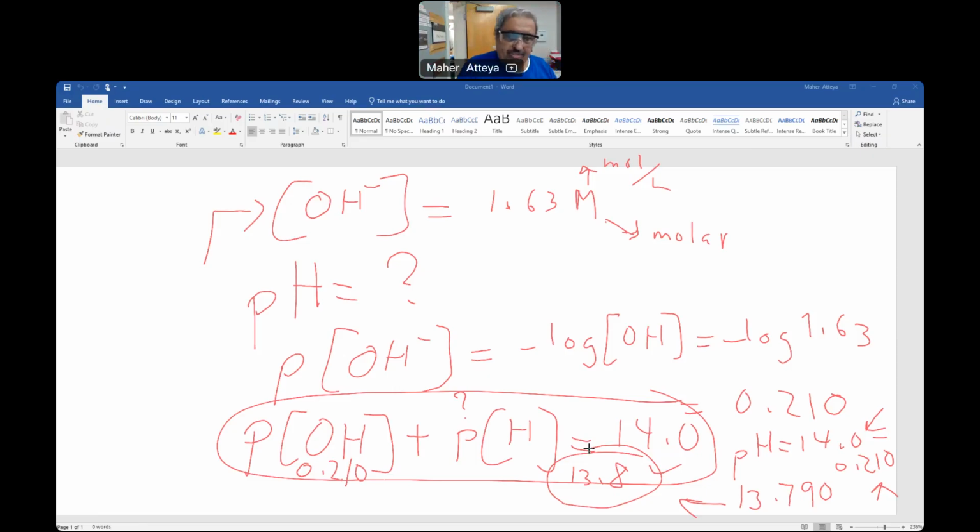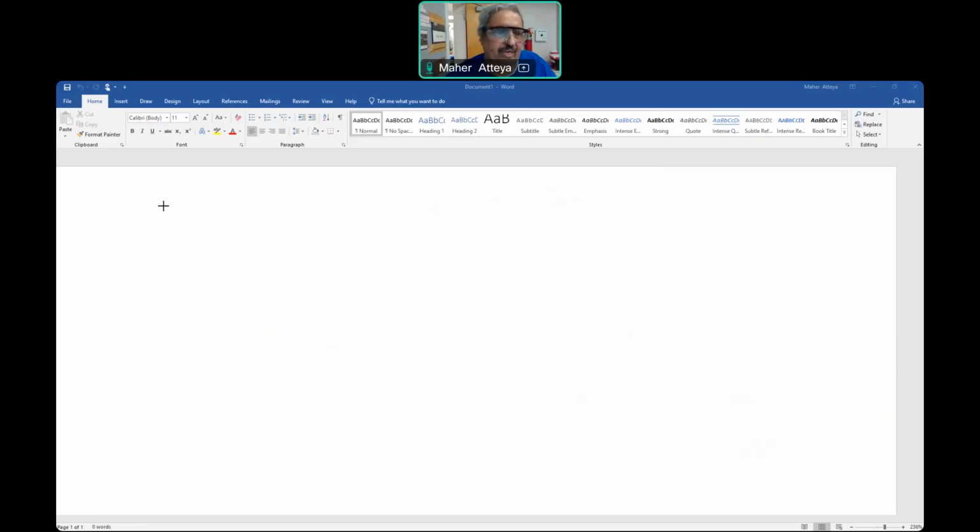The other way I can show you, the second way, but some students get confused about this way. This is the easiest way. The other way is if I give you the OH minus, 1.63 molar.